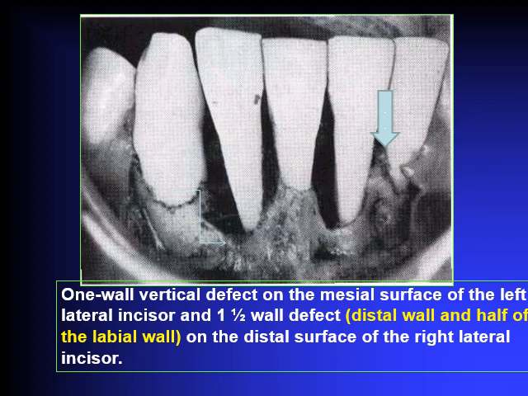As you see, there is a 1-wall defect, and the distal wall and half of the labial wall, as you see here, of the left lateral incisor remain. And this is named what? This is a combined defect.